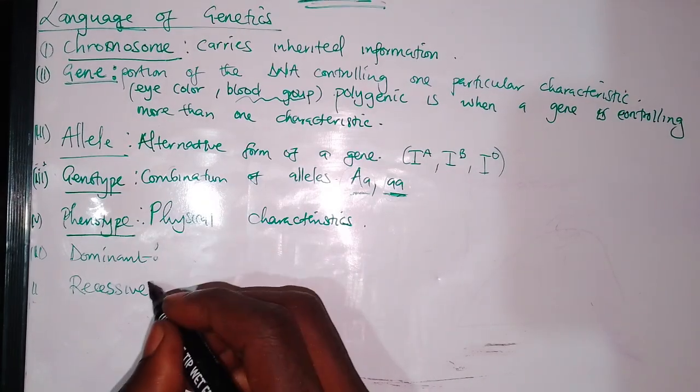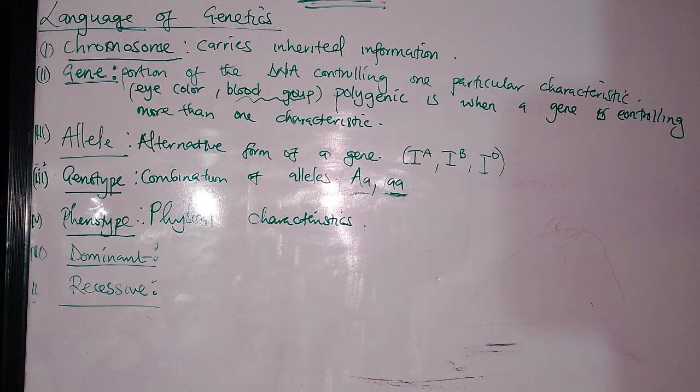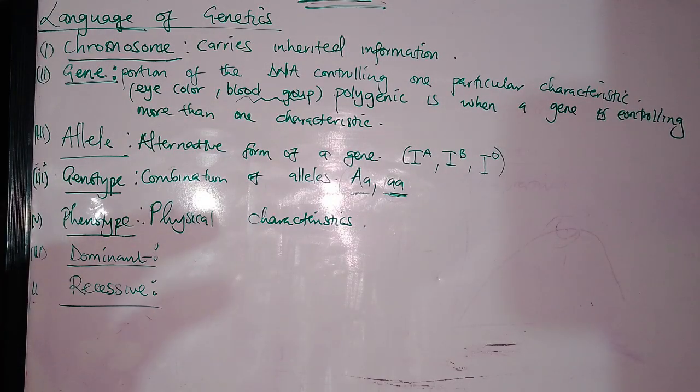Again, these two terms go hand in hand together. So what do we mean when we say dominant? Dominant and recessive basically apply to alleles. So whenever we're talking about dominant and recessive, whatever should come into your mind are alleles.